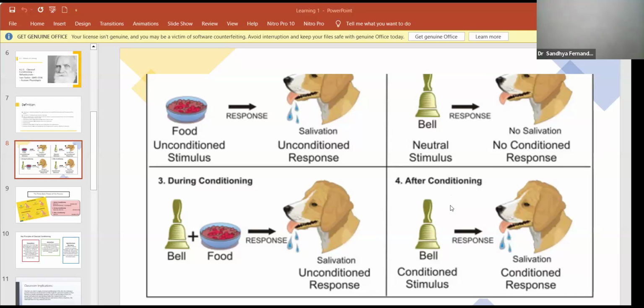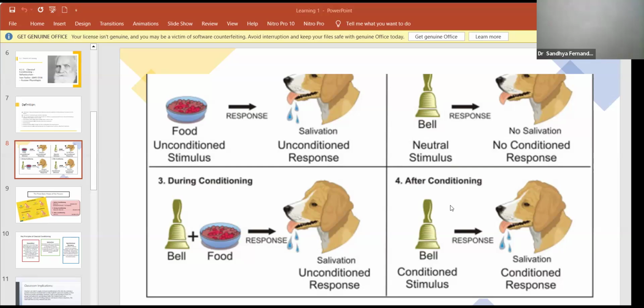Now I want to give you this explanation. In this dog's experiment, what is the unconditioned stimulus? Natural stimulus or unconditioned stimulus? I'm checking your understanding. Unconditioned stimulus, what is it in this experiment? Am I connected?